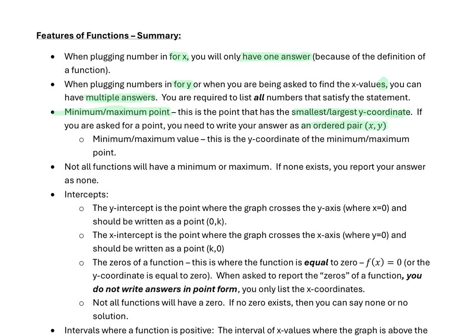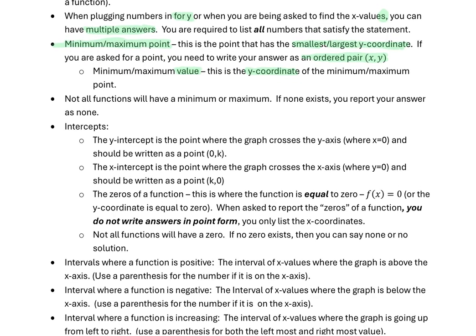On the other hand, if you are asked for a minimum or maximum value, then this is just the y-coordinate of the minimum or maximum point. Another thing to note is not all functions will have a minimum or maximum point. If there is no minimum or maximum, then we just say none.